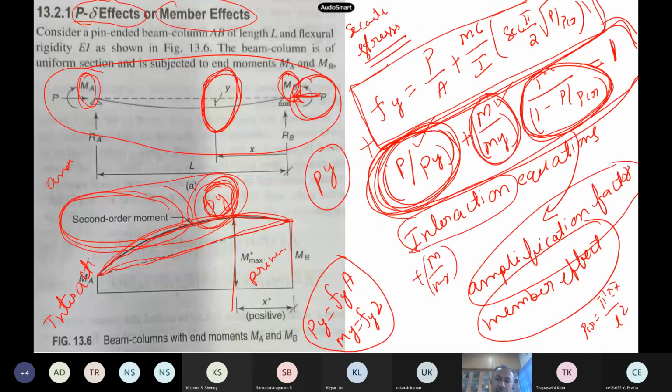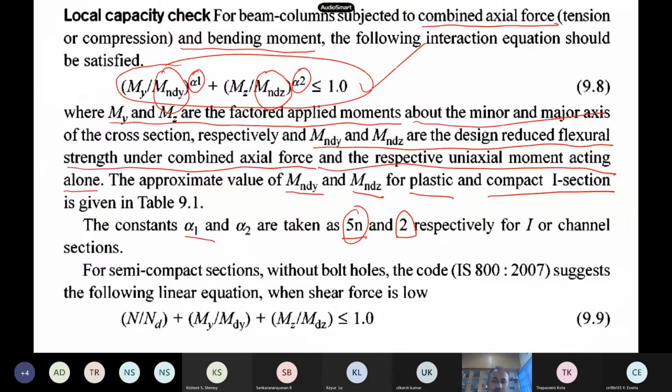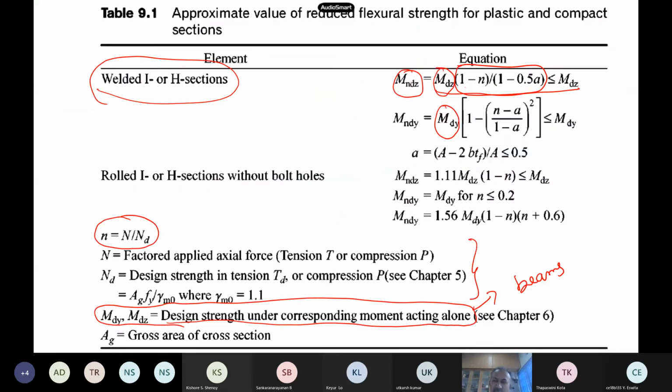P by Py, M by My, and 1 by 1 minus P by Pcr or something like that, the critical buckling load. So this amplification factor we add here, the 1 minus n by nd terms come into the picture. This is for Mndy.